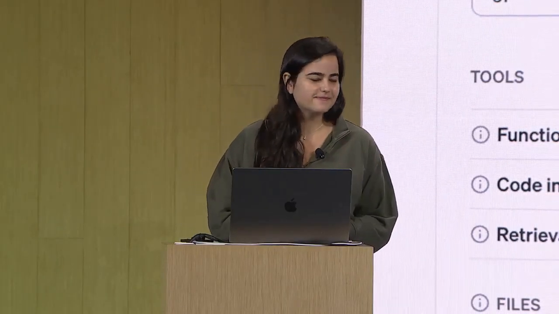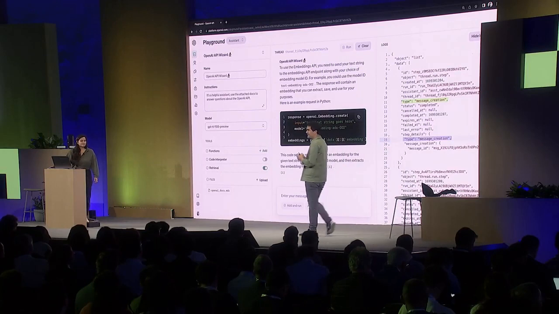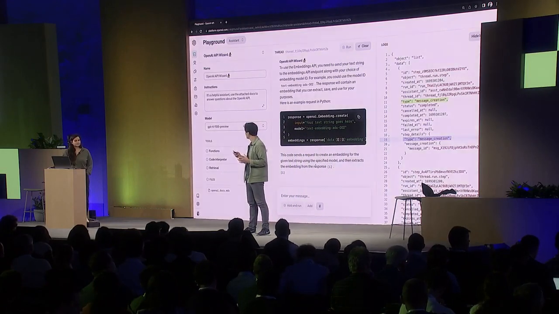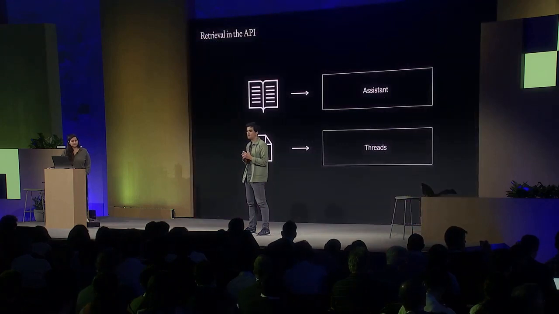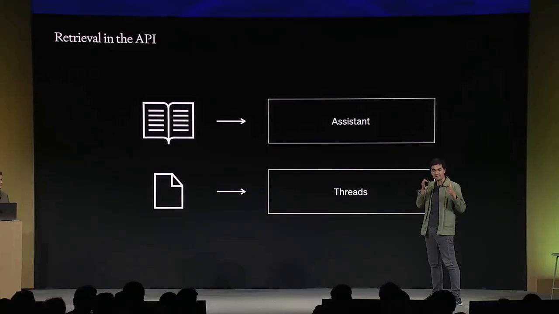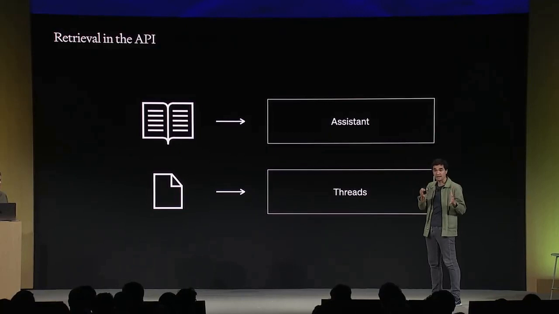Thank you, Michel. Knowledge retrieval is extremely useful to augment the knowledge of your assistant with data from outside of the models. Concretely, retrieval can work in two different ways. Number one, you can upload and pass files at the assistant level. That's useful if you want your assistant to leverage that knowledge in every single interaction, in every single thread.